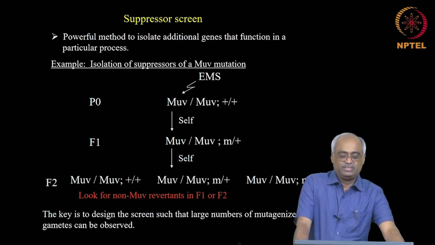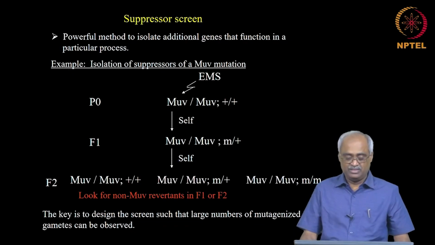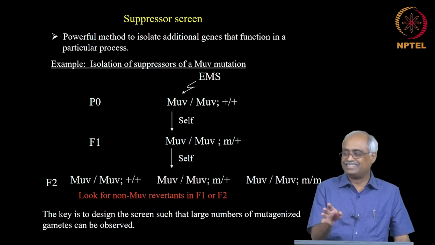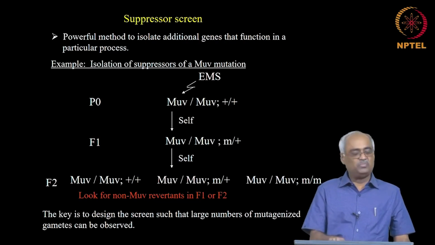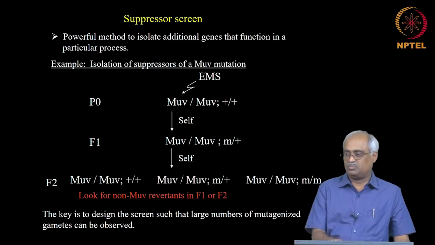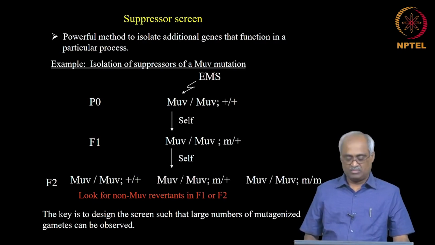So, this method helps you to find additional genes, and that is why we call this a really powerful method. Here you take multi-vulva over multi-vulva, homozygous for that loss of function. I forgot the gene number, but I think it is lin15, let us assume lin15. And the new gene that you are looking for, let us say it is wild type here, plus over plus. Okay. Now, you mutagenize and self, and look in F2 for some of them where the phenotype is suppressed.